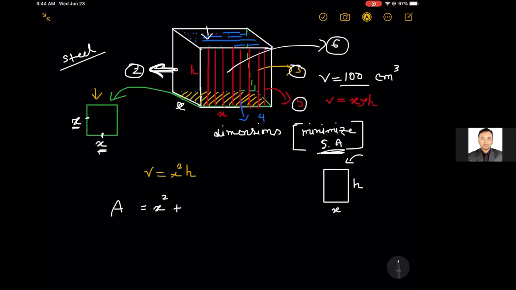How can we calculate the area of this surface? X times h, because it's a rectangle. And we know for a rectangle, the area is length times width or height, whatever we have. So for this one, we have x times h.